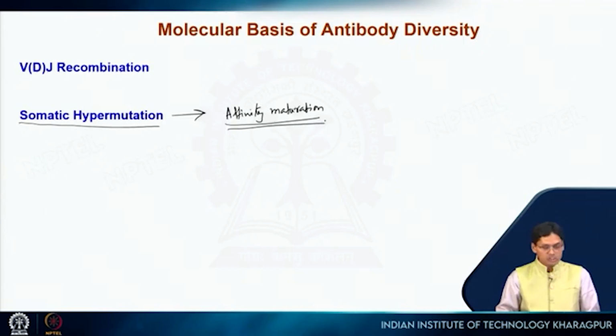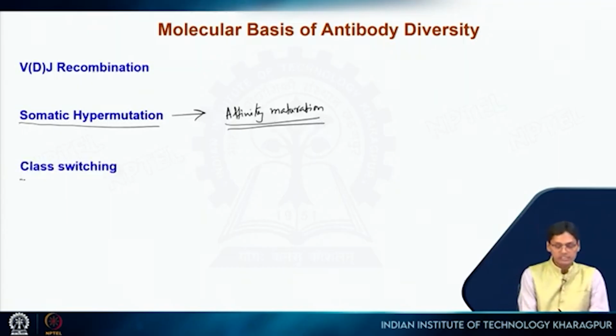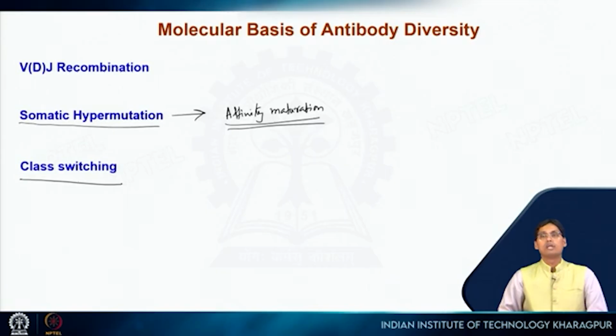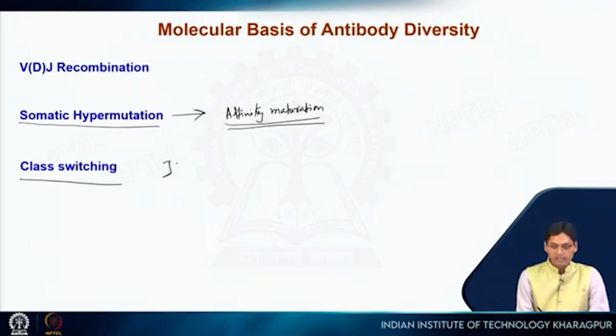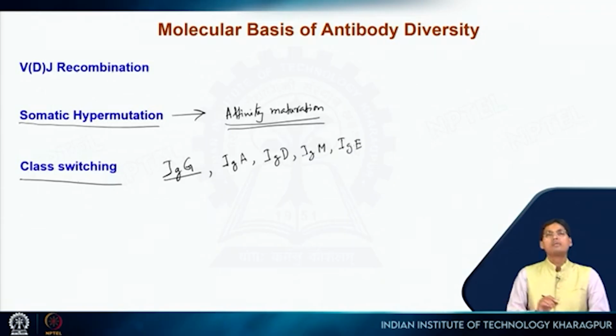And besides somatic mutation, another important thing is there, that is called class switching. The conventional antibody I referred to so far is IgG. But there are other groups of antibody as well, for example IgA, IgD, IgM, and IgE.